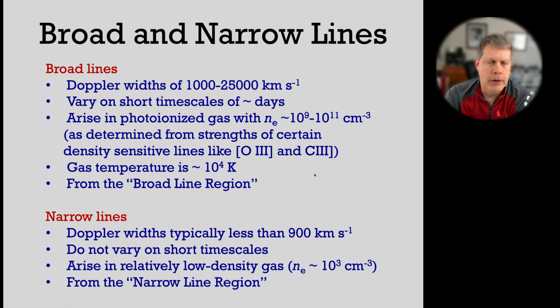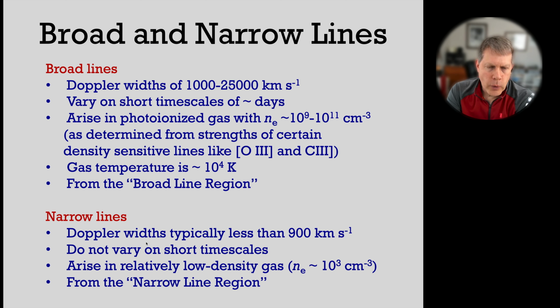Okay, so let's review the distinction between broad lines and narrow lines. We talked about the broad lines extensively in the lecture on the broad line region. We are now going to be focusing on the narrow lines, which we have not given very much attention so far. So the narrow lines, first of all, well, they're narrower.